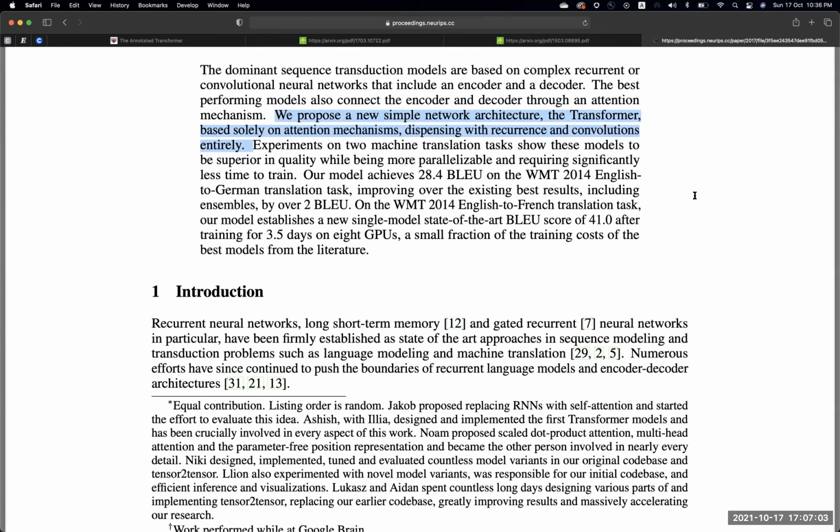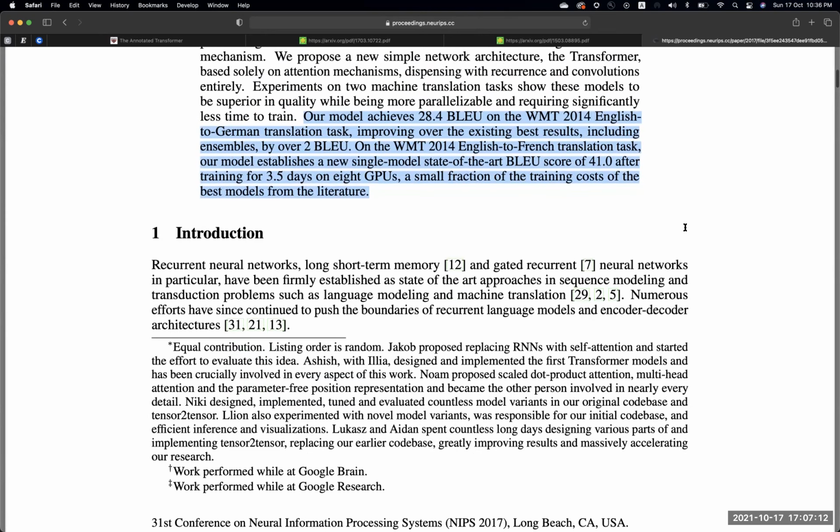Now apart from that, there are some results mentioned here, which I don't think are that relevant right now. Maybe we can go over that in the end.